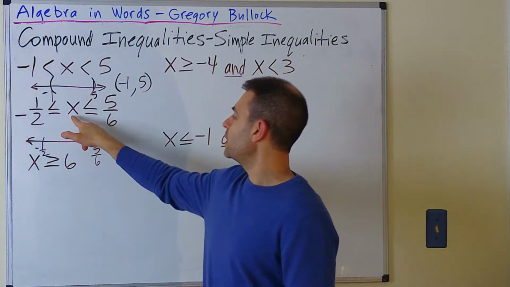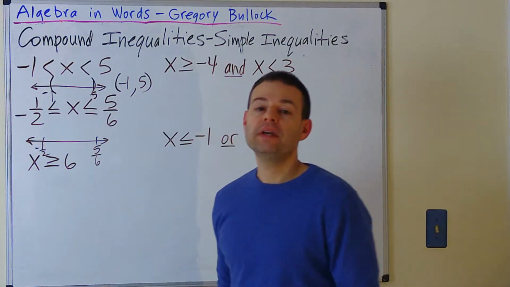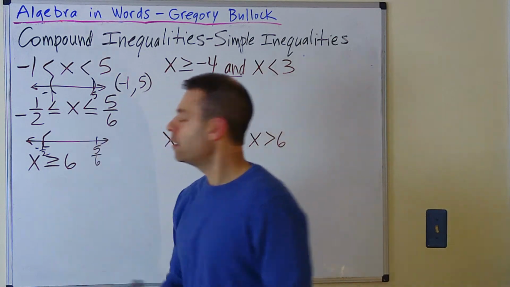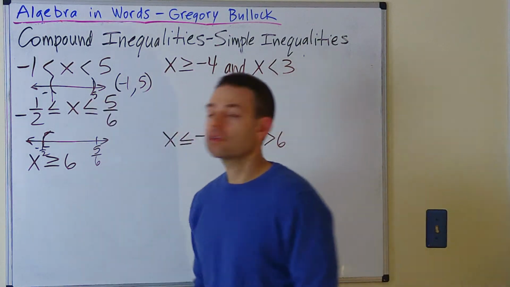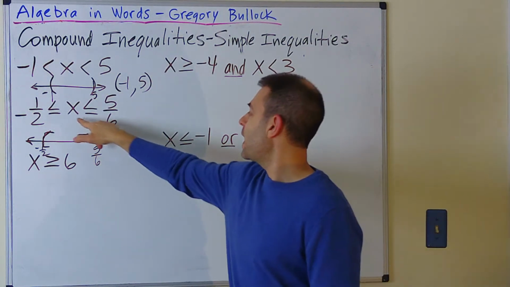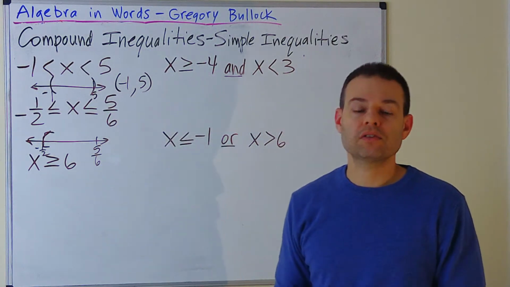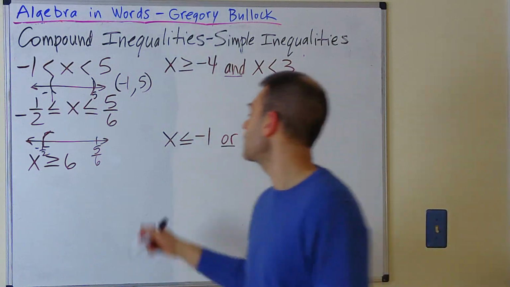And this would read x is greater than or equal to -1/2. It's an inclusive symbol, meaning it's going to be a bracket open to the right. And for the 5/6, x is less than or equal to 5/6. That's going to also be an inclusive bracket open to the left.